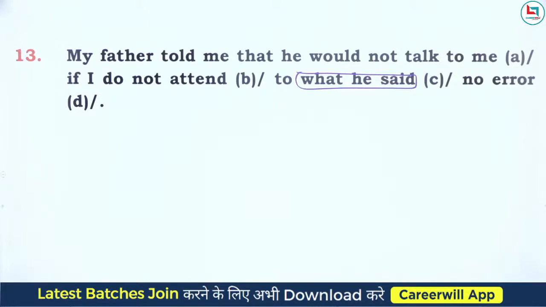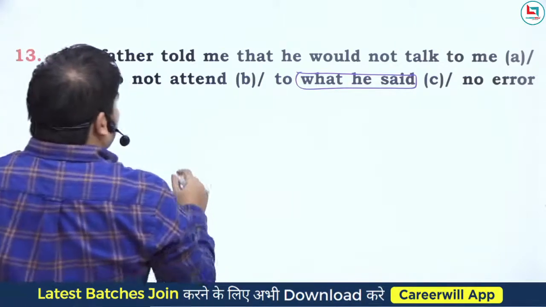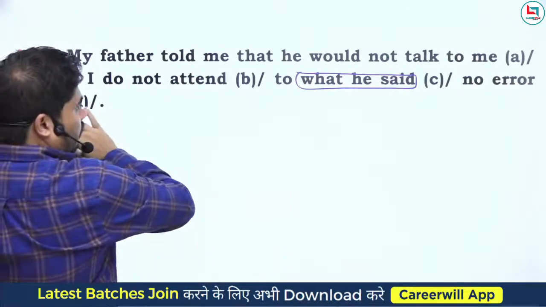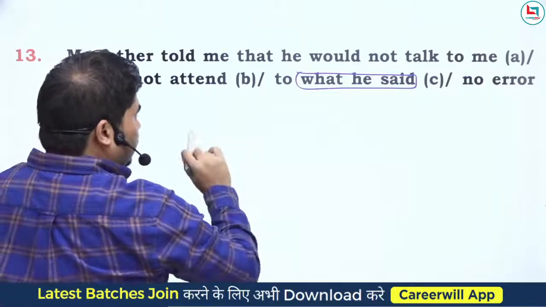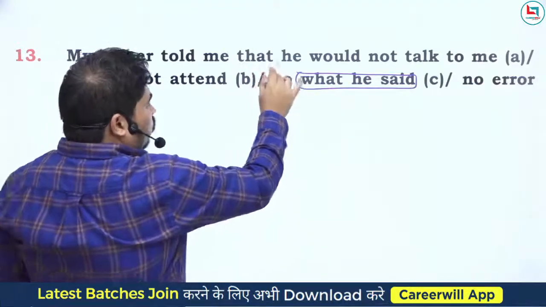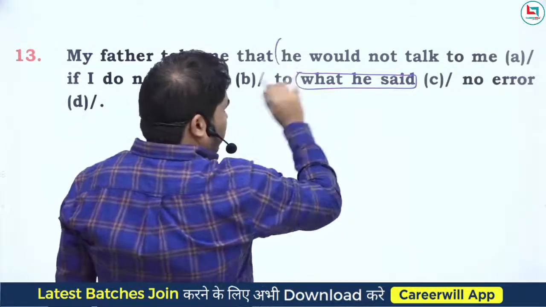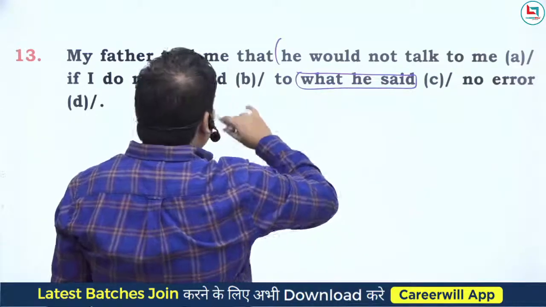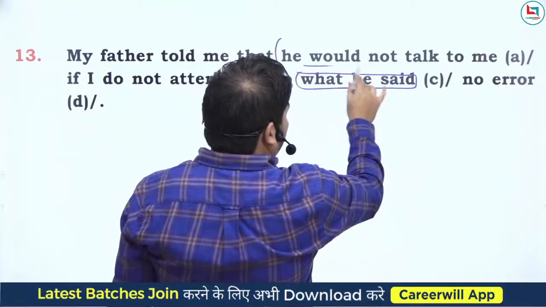What is the confusion over here? My father told me that he would not talk to me. So you need to look at this sentence after that. He would not talk to me if I do not attend. So he would, this is what?